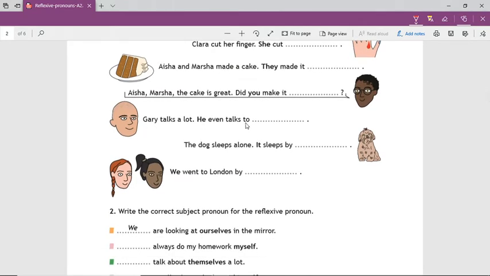He even talks to. Relating to reflexive pronoun for he. The dog sleeps alone. It sleeps by. I'll leave you to fill that in. We went to London by. Okay, so thinking about this one.